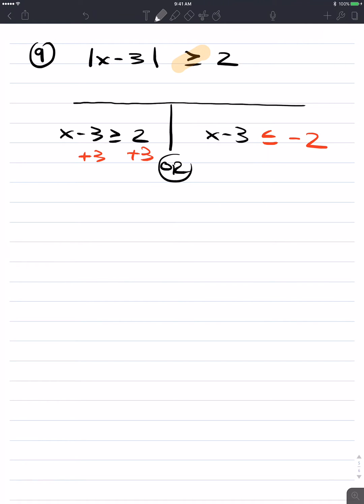Add 3 to both sides for each inequality. We get x greater than or equal to 5. X less than or equal to 1. We're going to form the union when we graph.